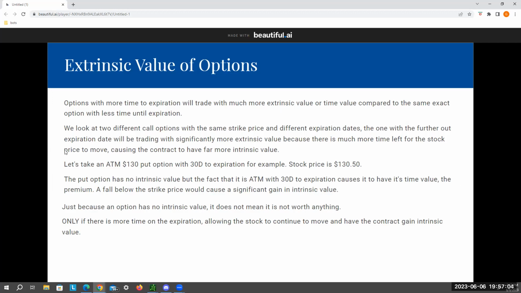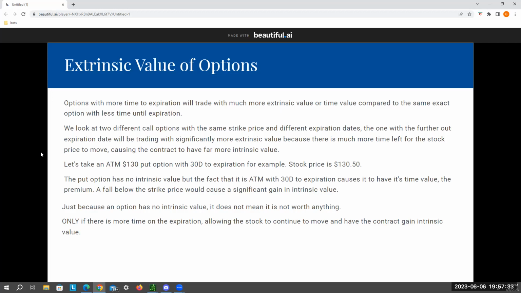Now let's take an at the money 130 put option with 30 days to expiration, for example. The stock price is 130.50. The put option has no intrinsic value, but the fact that it's at the money with 30 days to expiration causes it to have its time value, the premium. A fall below the strike price would cause a significant gain in intrinsic value. Why? Because once again, in a put scenario, if the price falls below the strike price, intrinsic value gains.